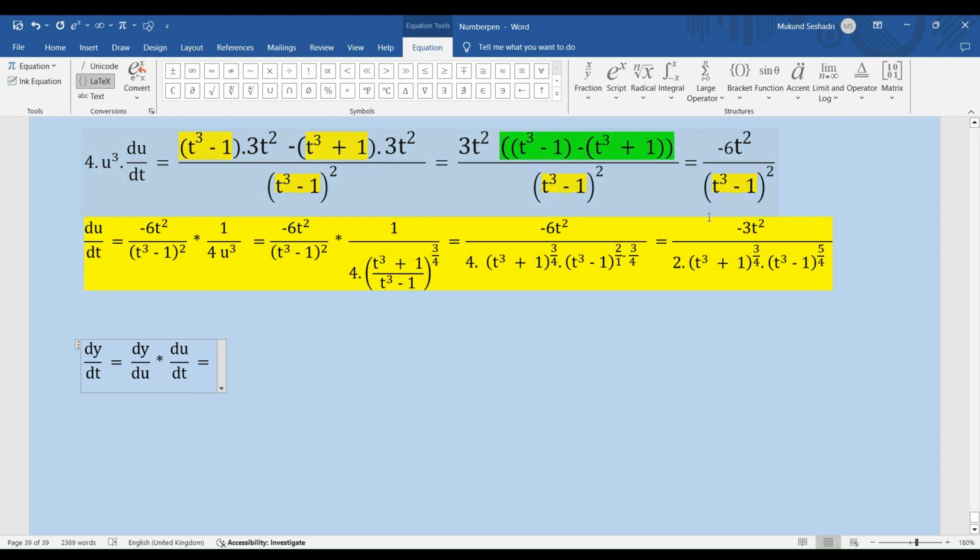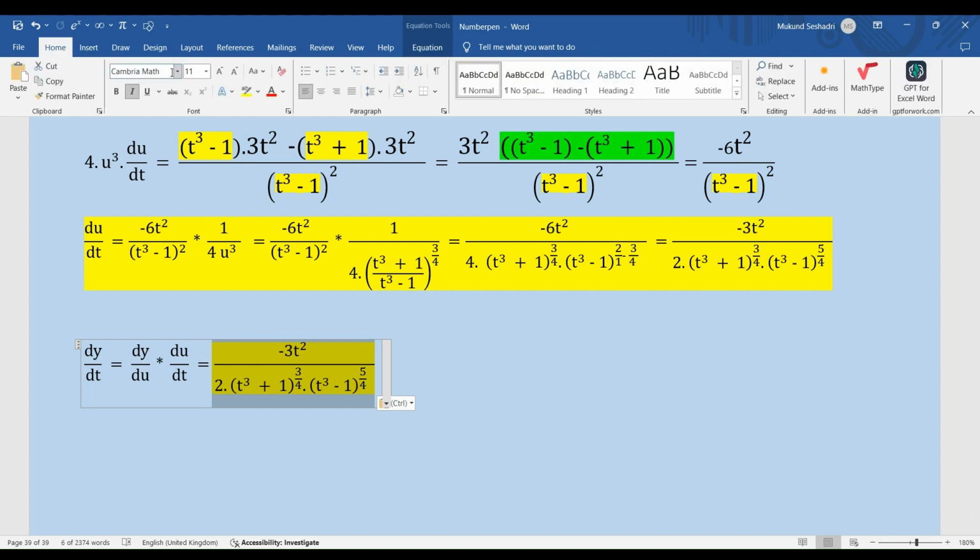And I have my du by dt from the previous step, and that solves my problem. I have my final answer as minus 3 times t square divided by 2 into t cube plus 1 the whole power 3 by 4 into t cube minus 1 the whole power 5 by 4. Let me change the color to pink. So that's my final answer, folks, right?